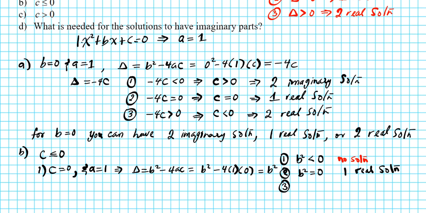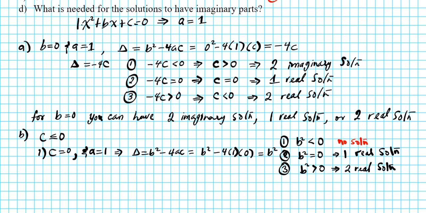Case number 3, b squared greater than 0. Does this make sense? Do you have any squares that are positive? The answer is yes. All squares other than 0 are greater than 0. So since this is defined, we can conclude that for c equals 0, you can also have two real solutions. So these are the possibilities for c equals 0.